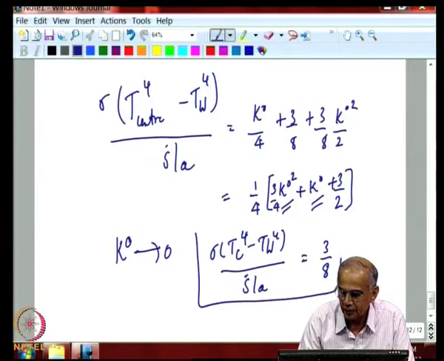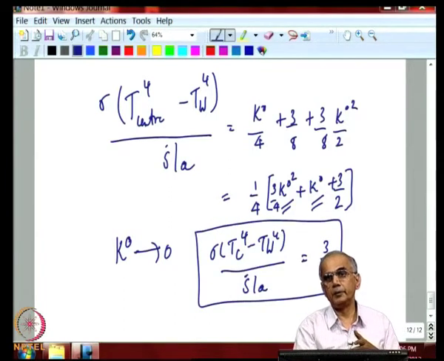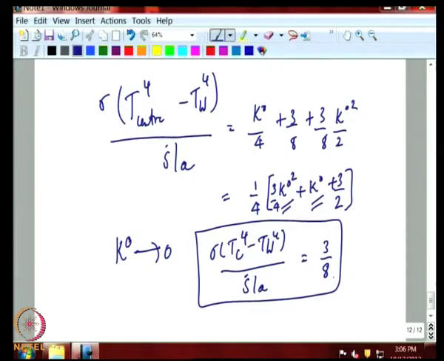So, this is, in a sense, the minimum temperature difference that has to be maintained between the center of the furnace and the wall, even in the thin limit. So, this result is rather interesting, because the temperature difference is proportional to 3 by 8 into S dot by A, and of course, as A goes to 0, the difference in temperature becomes quite large.